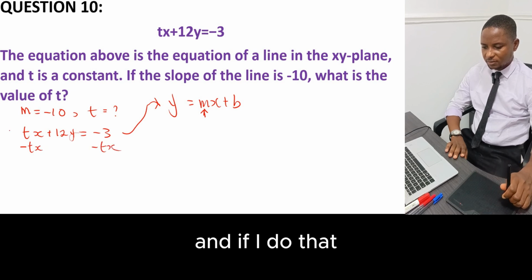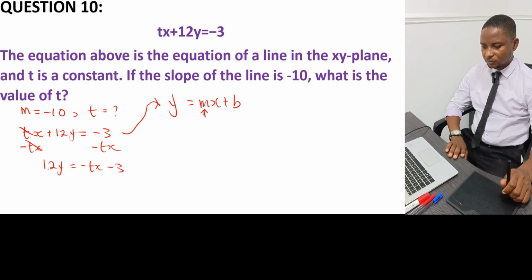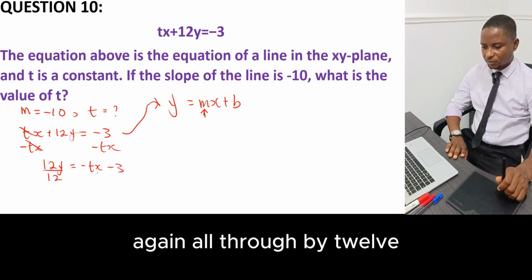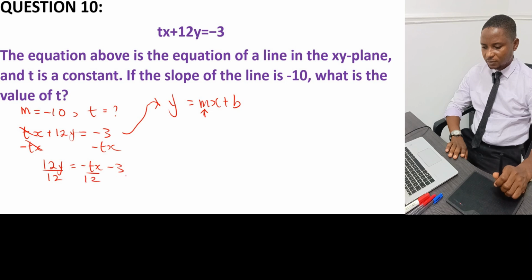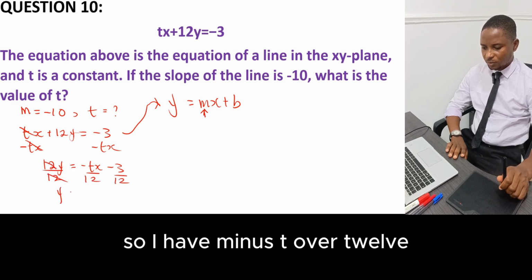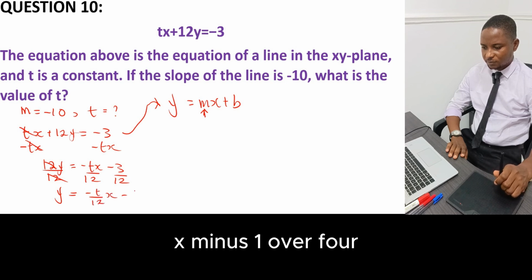And if I do that, I have 12y equal to -tx minus 3. And I divide all through by 12, just for me to see y stand alone. So I have minus t over 12 x minus 1 over 4.